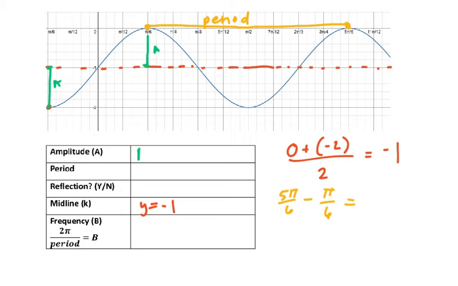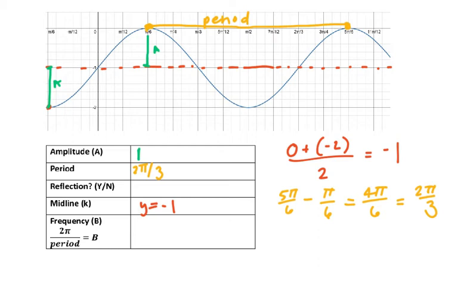That is going to give us a period of 4 pi over 6, which we could simplify as 2 pi over 3. So that is our period, 2 pi over 3. That is the length of one full cycle of this function, from one maximum to the next maximum.